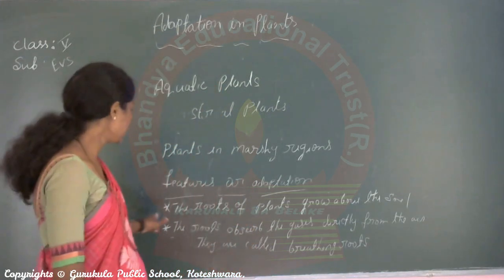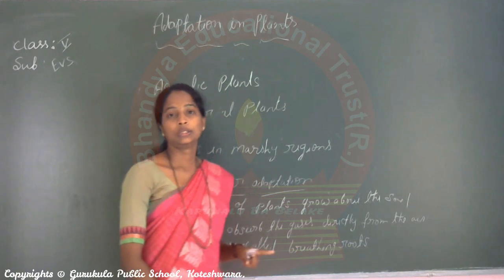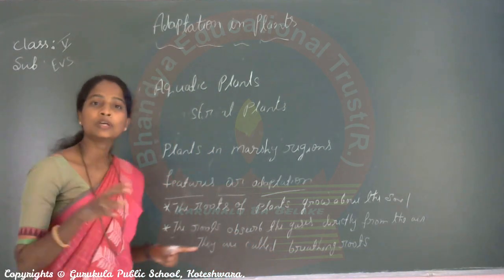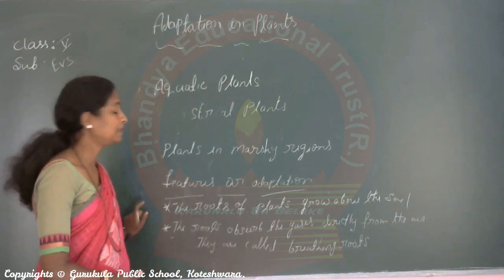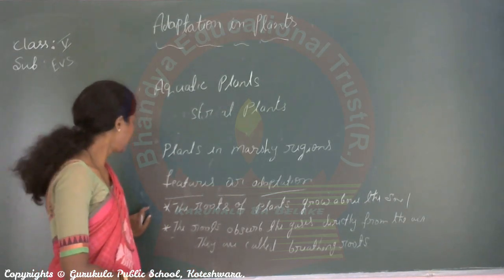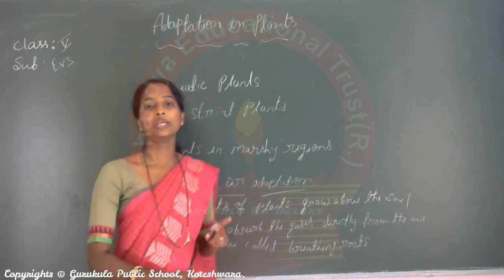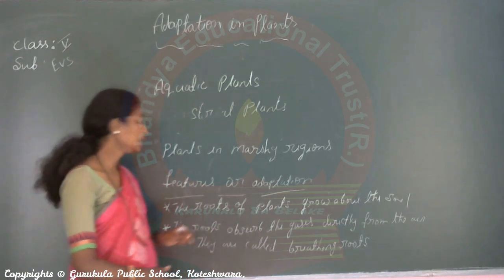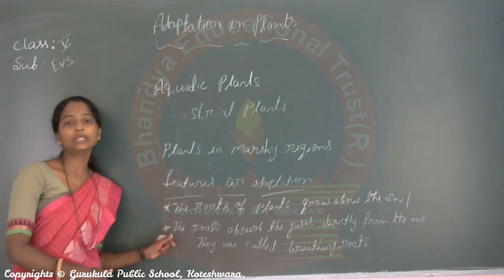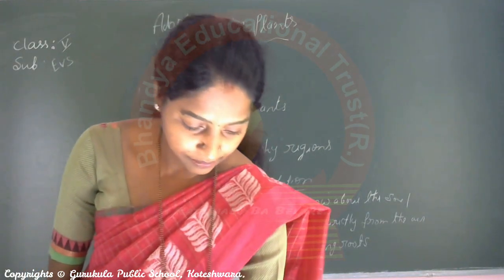First one is the roots of plants grow above the soil. The root cannot breathe in the water, and the root absorbs the gases directly from the air. So they are called breathing roots.